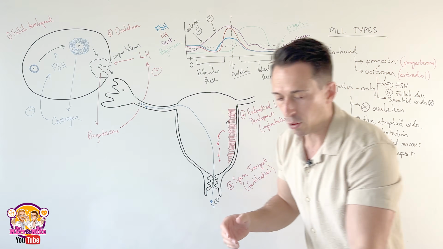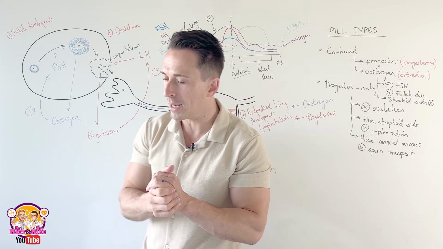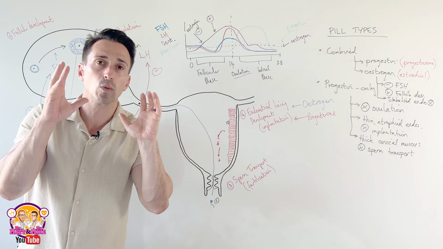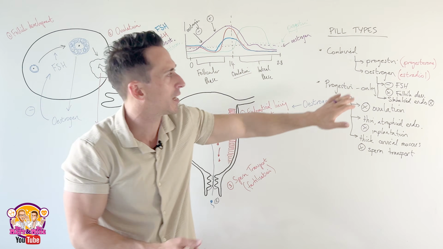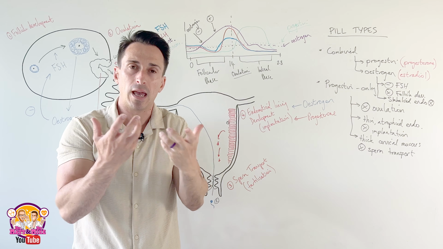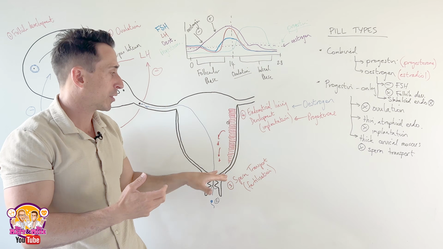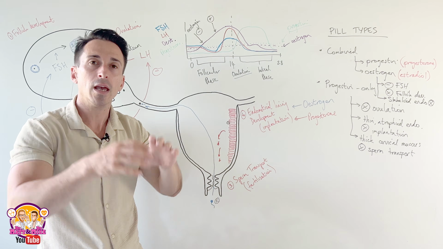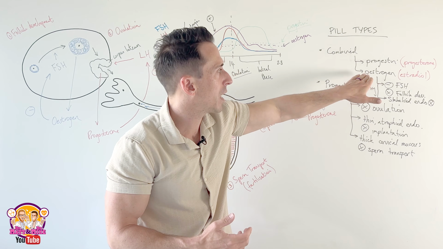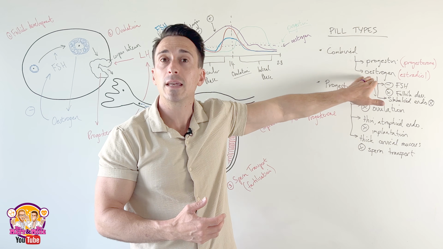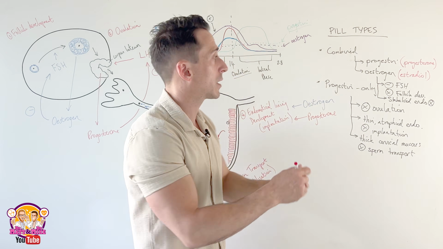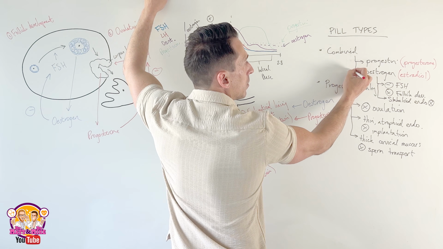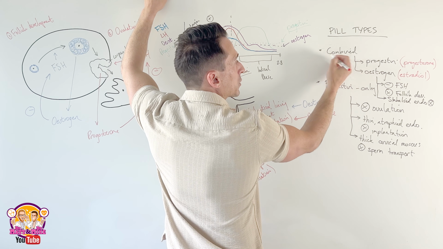So that's really important. Now, another point I'd like to highlight here is that why would you only have a progesterone only pill? Why wouldn't everyone just take the combined pill if it has a better efficacy, able to stabilize the endometrial lining? And the answer is because there are some effects for some people for taking estrogen. And so, for example, estrogen can be contraindicated in some people who are at risk of clot.